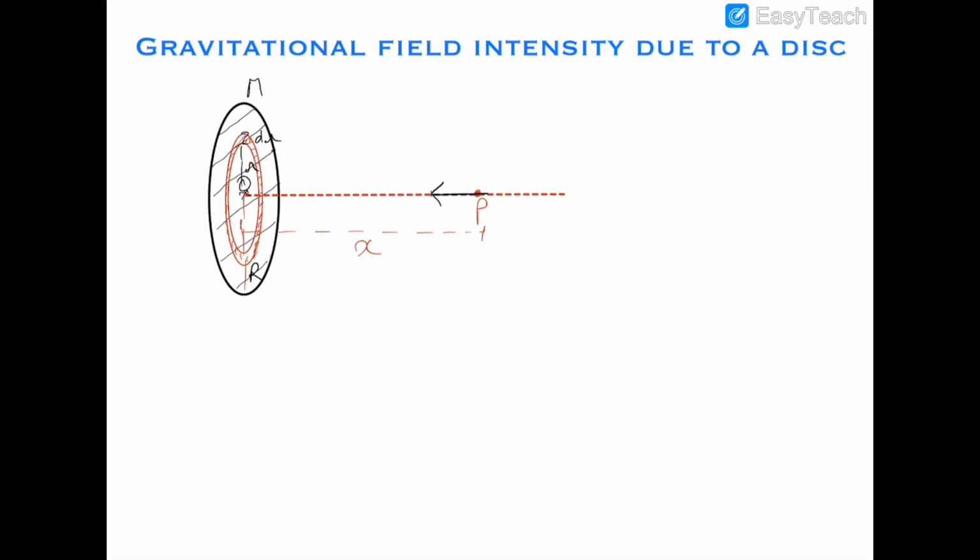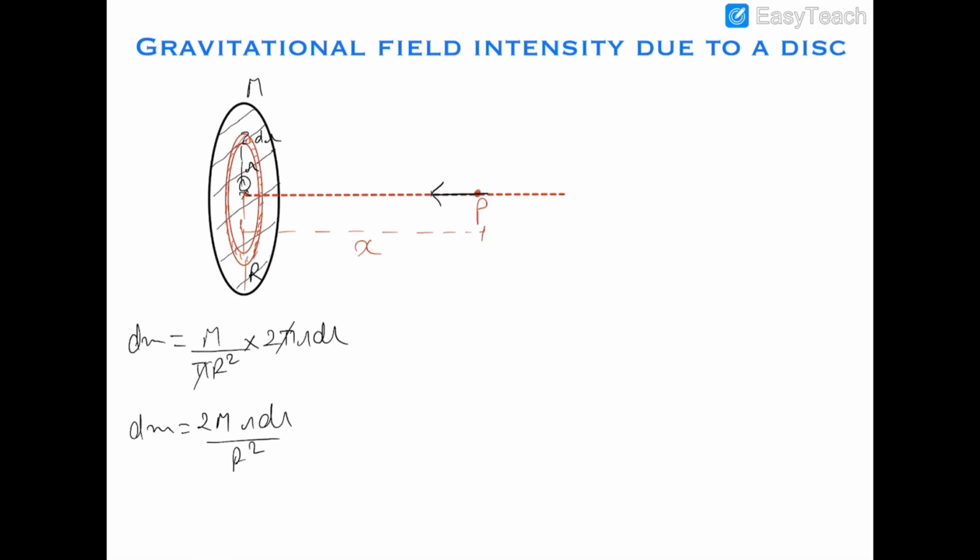So the mass of this ring, dm, would be the mass of the complete disk per unit area into the area of this elemental ring. The area of this elemental ring will be 2 pi r dr. You can understand that. So cancelling pi with pi, dm will be equal to 2M r dr by R square.